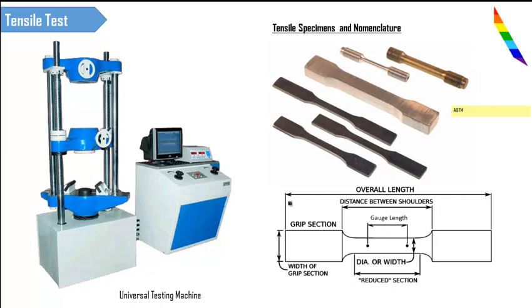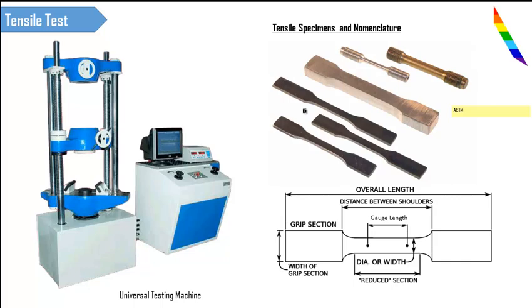We are not bothered about what is happening away from this gauge length. What we expect is a failure in the gauge length. So the gauge length is a very important nomenclature, and before the test we have to closely observe the specimen and mark the gauge length.